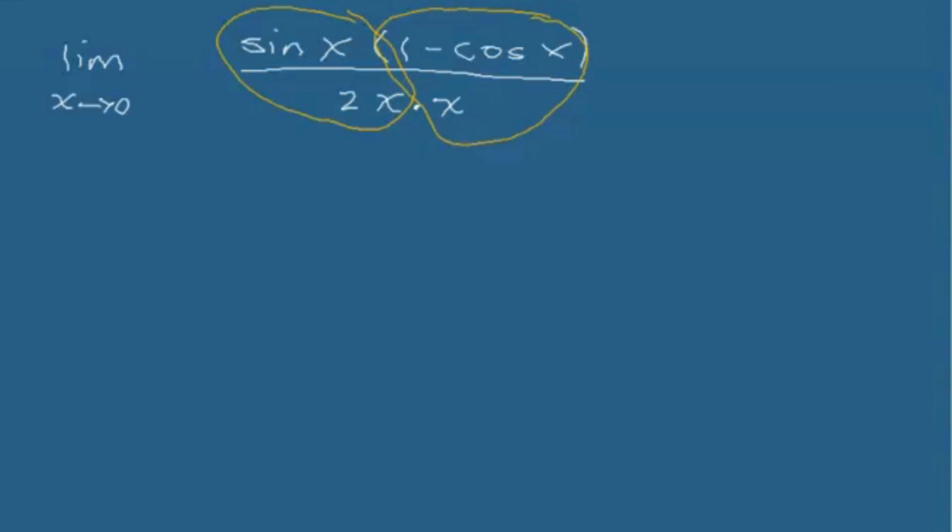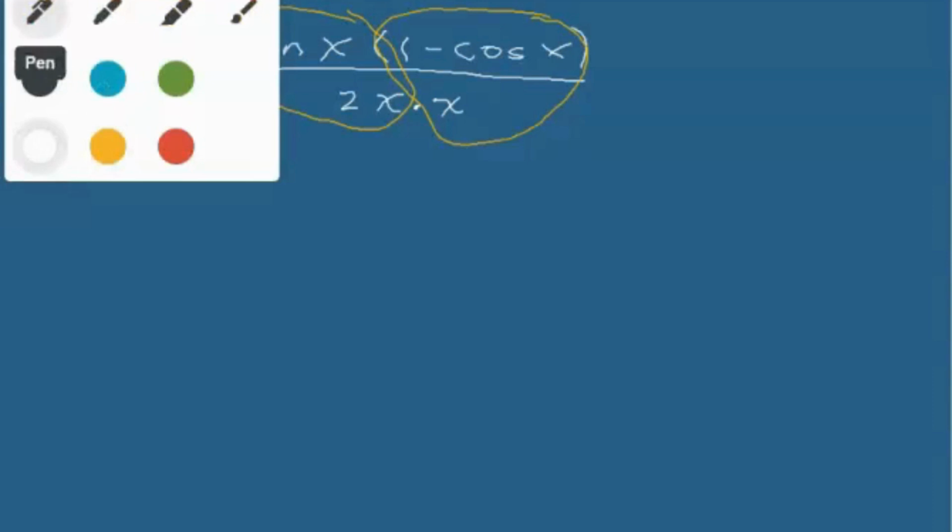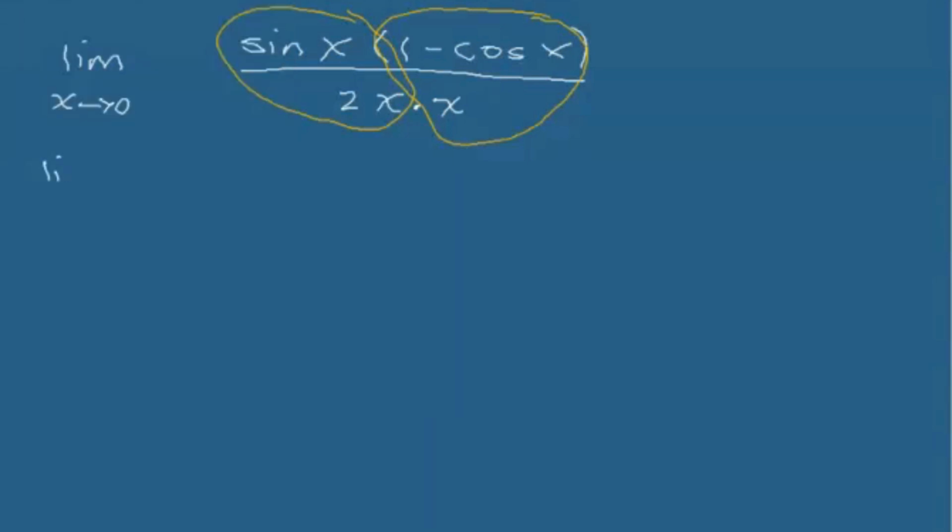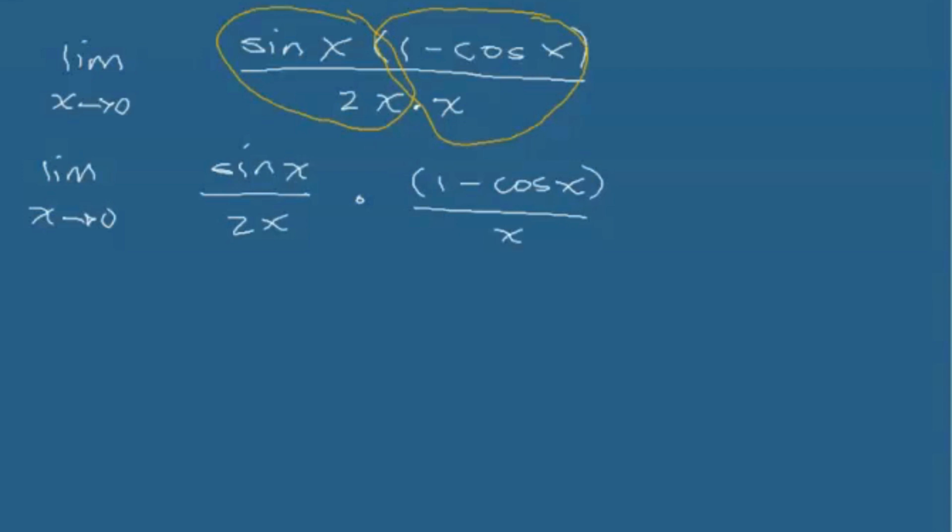Okay, so we can rewrite this as the limit of sine x over 2x times 1 minus cosine x over x.